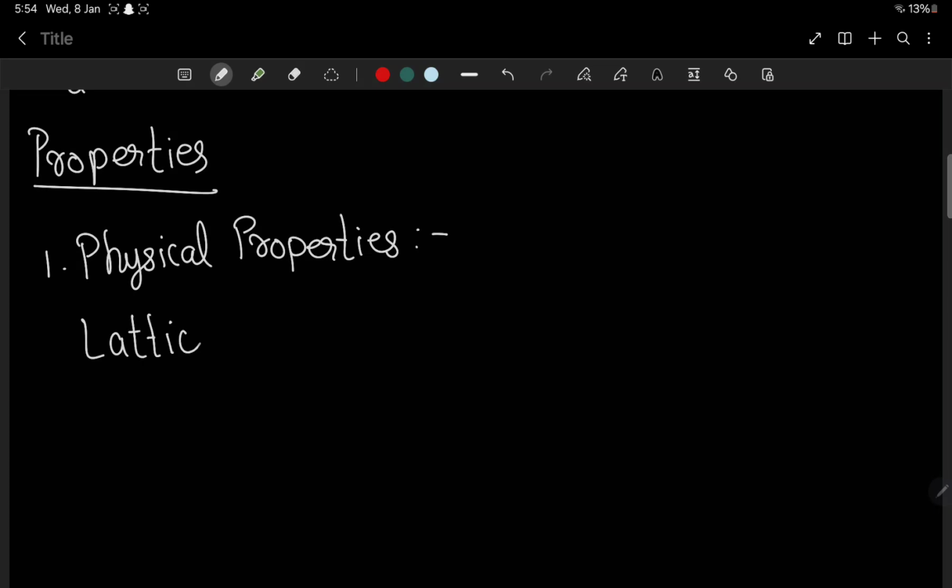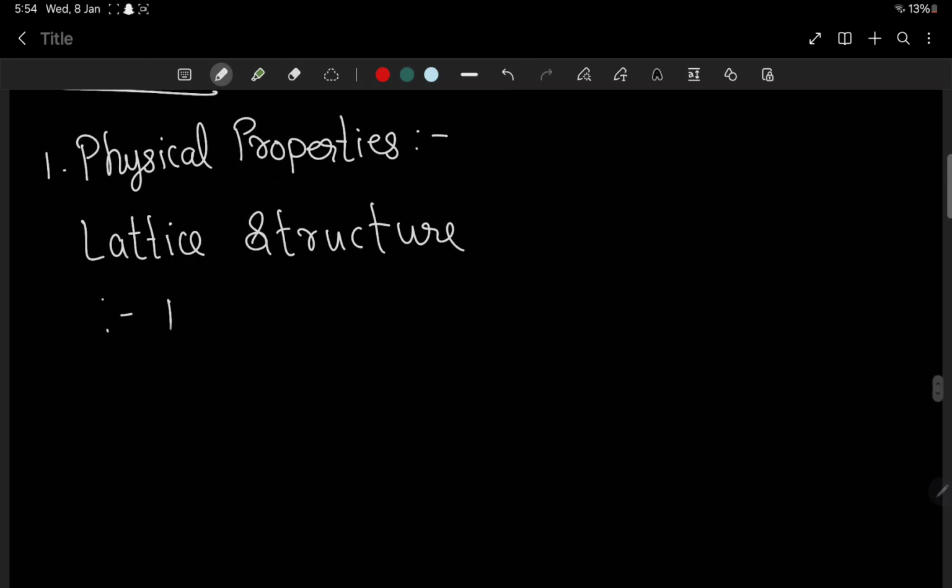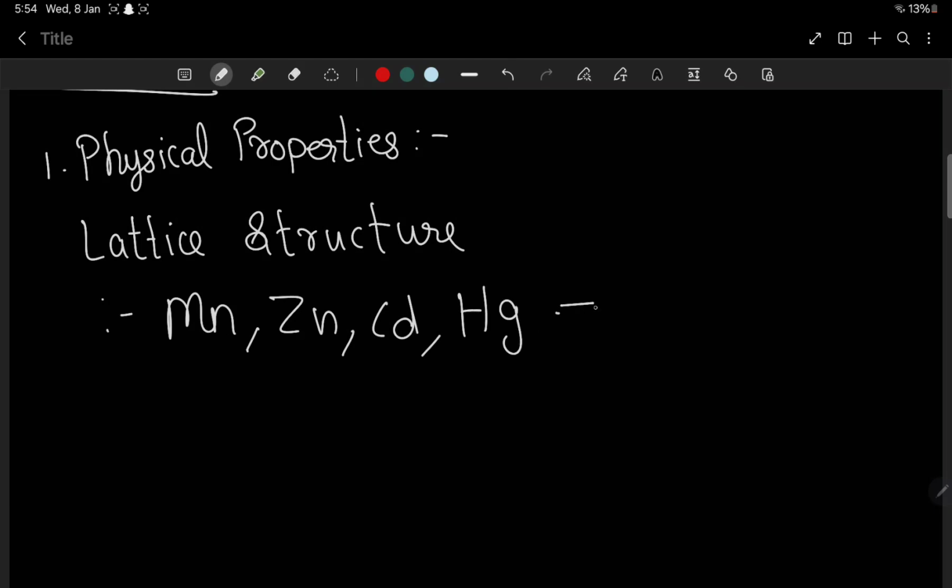In this lattice structure, don't learn the lattice structure of all the compounds. Learn some exceptions. That is manganese, Mn, and zinc, cadmium, mercury. These compounds don't have characteristic lattice structure.